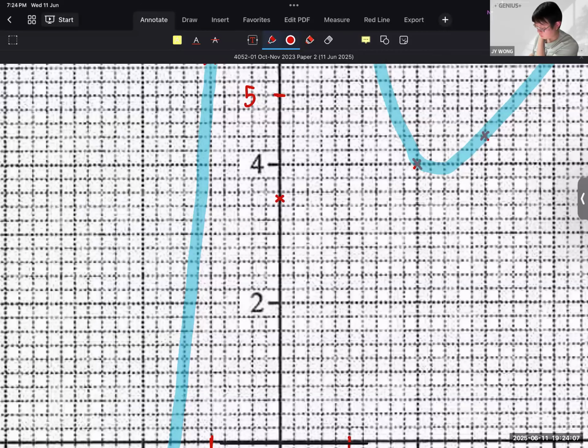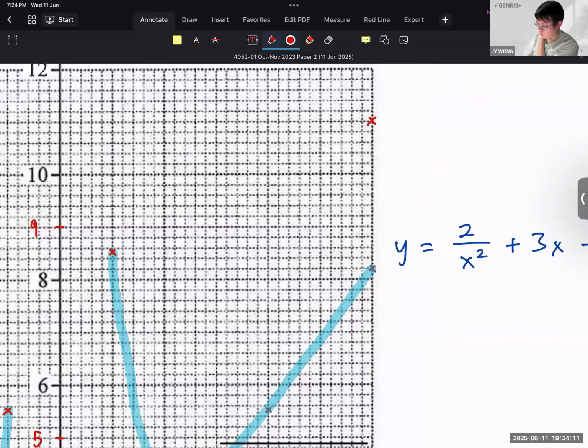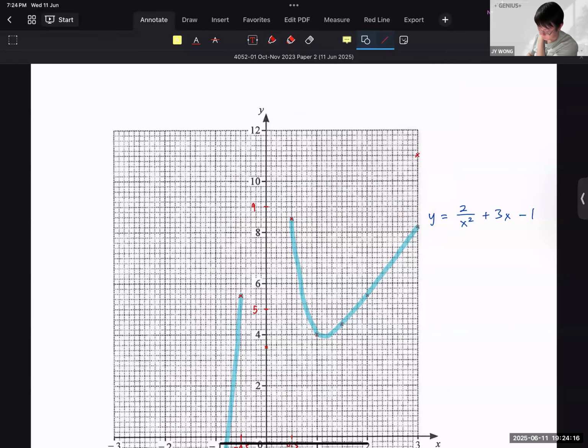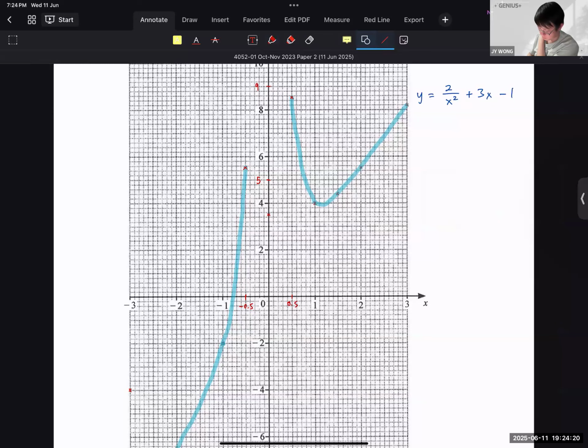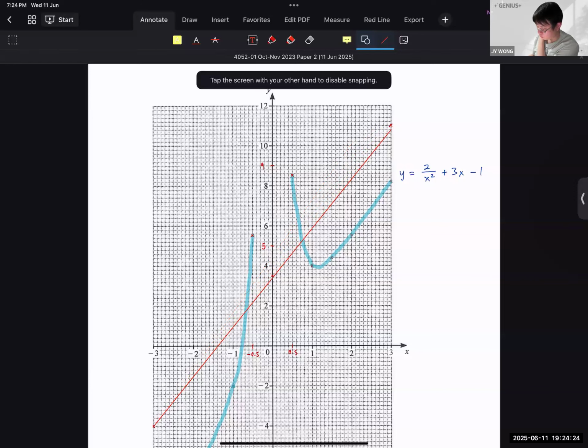And then when x is 3, y is 11. Connect them using a straight line. You will know, obviously, that you have drawn the correct straight line when all the points can connect.